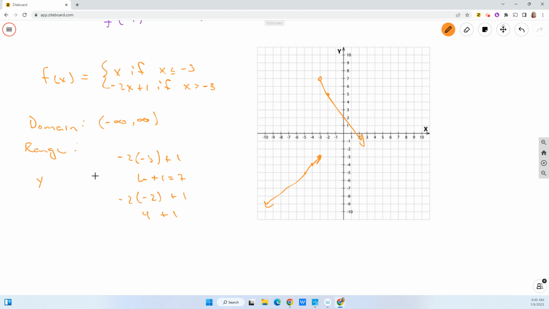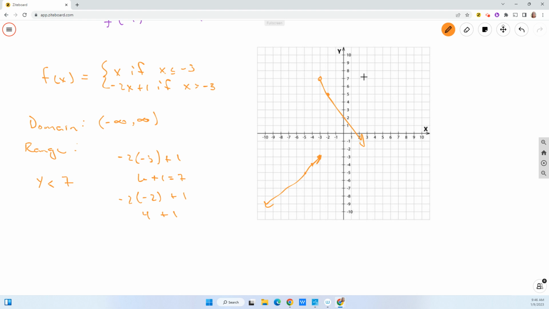Y is less than 7, right? It never actually equals 7 because we have an open dot there. We just know that y is less than 7. It can be anything less than 7, but it can never be above 7 or equal to 7 because everything goes down on the graph from there.